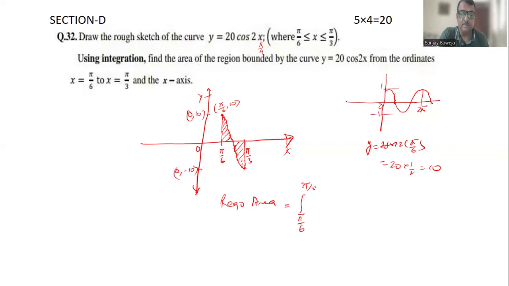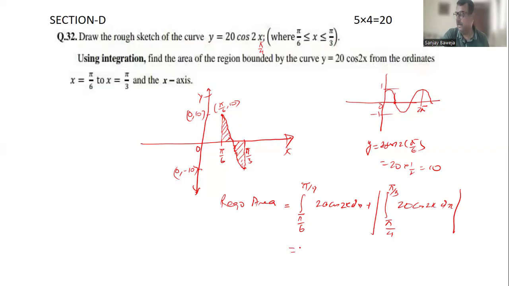So pi by 6 to pi by 4, 20 cos 2x dx. And the area from pi by 4 to pi by 3 lies below x-axis. So we need to put that in mod. So this is how we do it. Pi by 4 to pi by 3, 20 cos 2x dx, and everything is put under modulus.